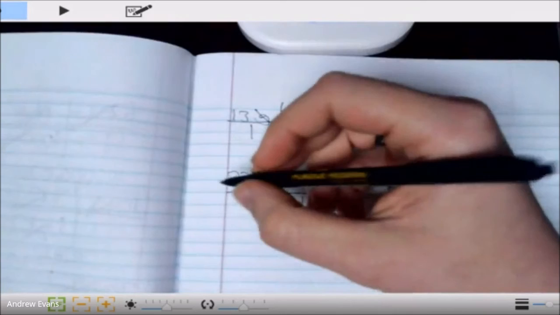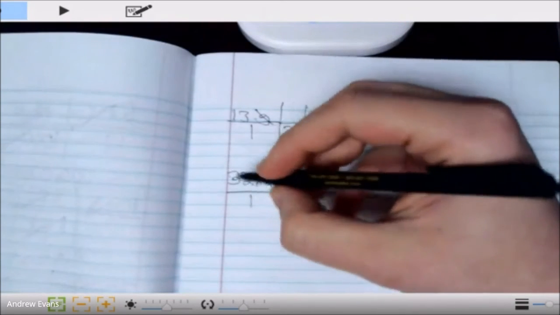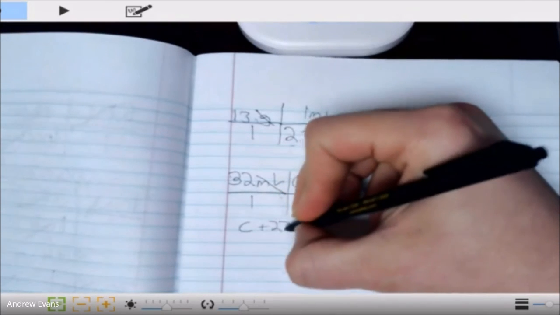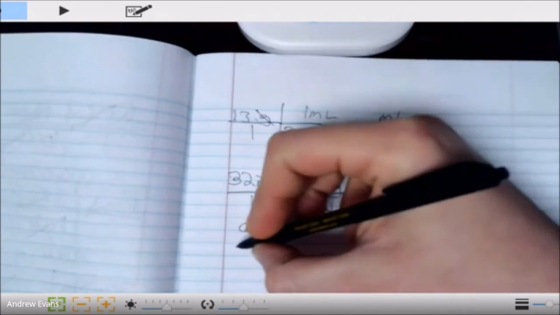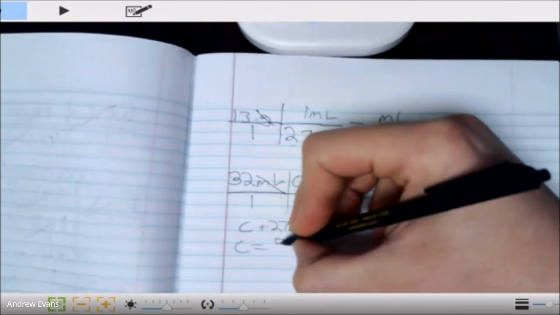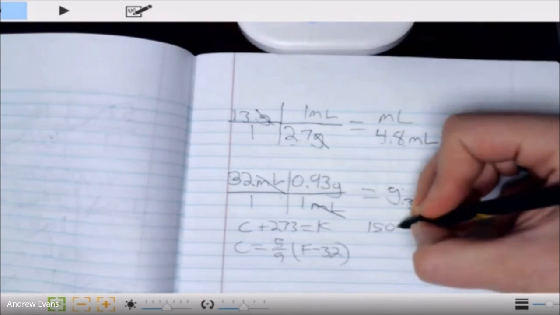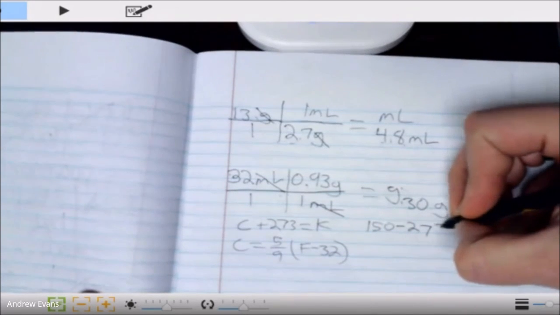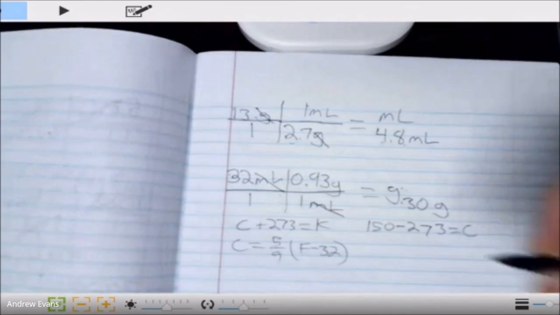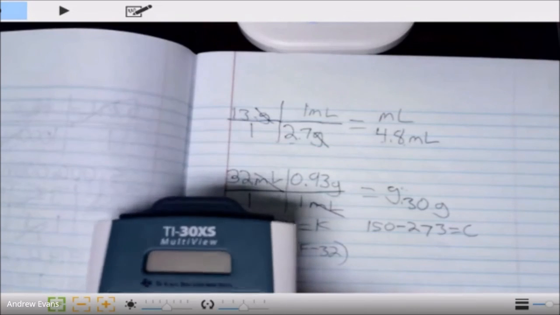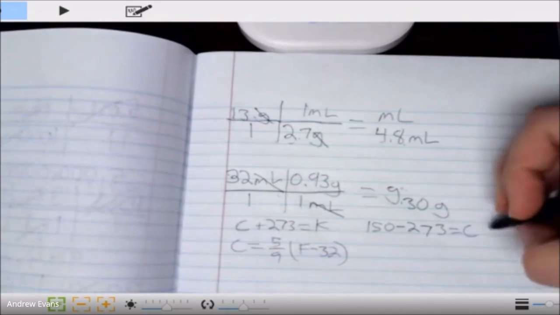The last one. What temperature in Fahrenheit would 150 Kelvin occur? Celsius plus 273 equals Kelvin. And I have Celsius equals 5/9 times Fahrenheit minus 32. So I have to work our way backwards. So Kelvin, 150 minus 273 is going to give our Celsius. So 150 minus 273 is negative 123.